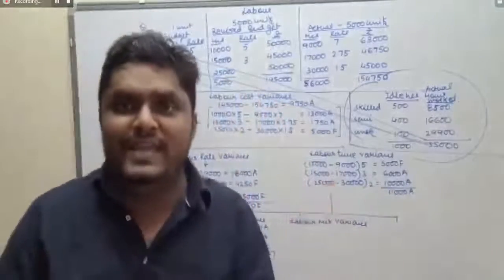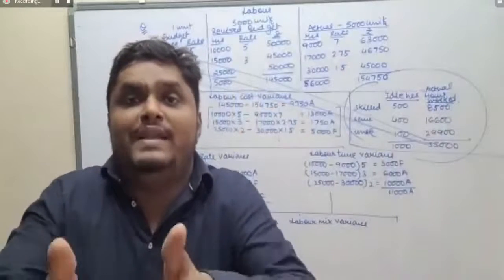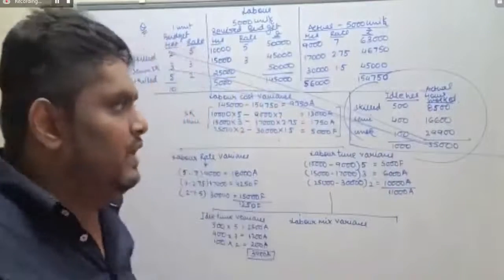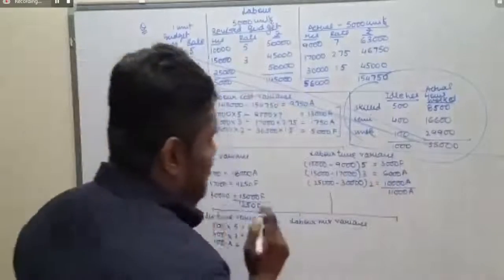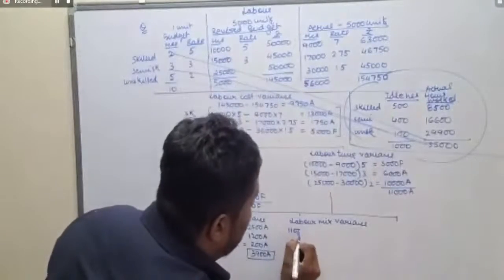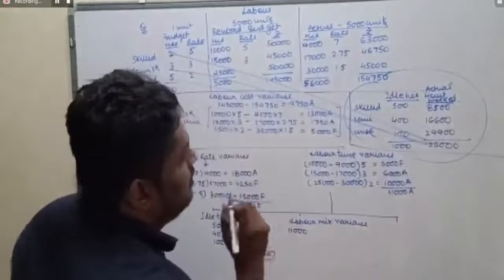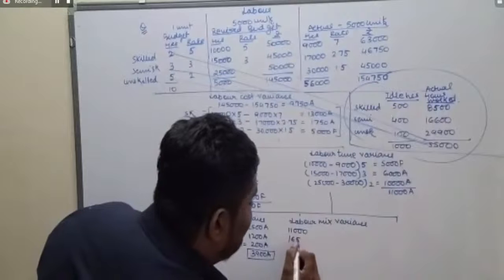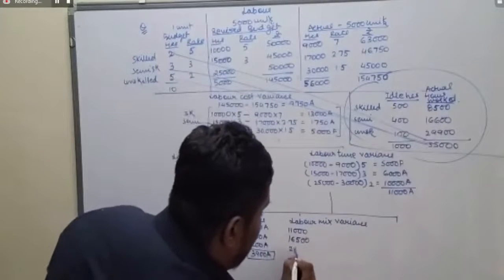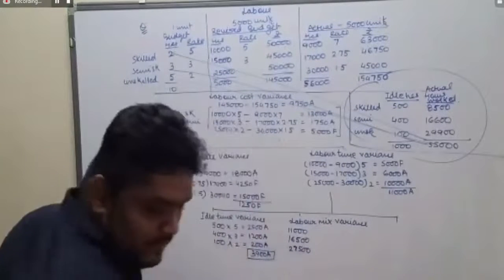So the mix variance will be calculated keeping in mind the remaining 55,000 hours only. So 55,000 hours should be in the ratio of 2:3:5. That is 11,000, 16,500 and 27,500.